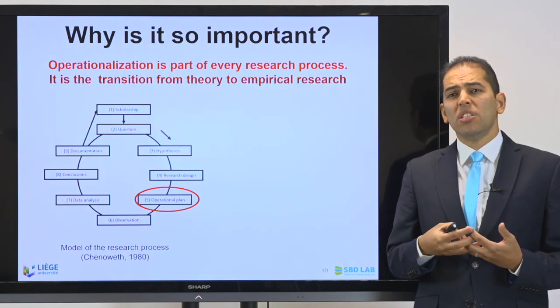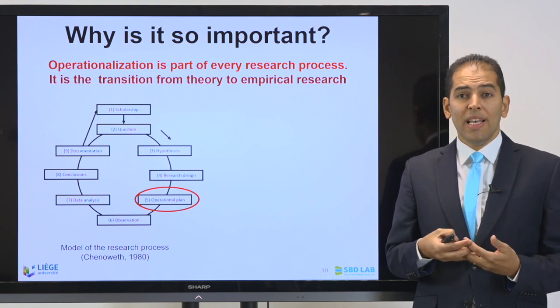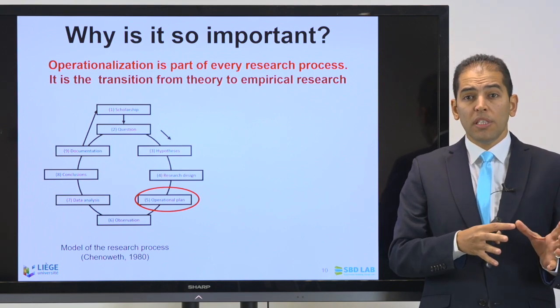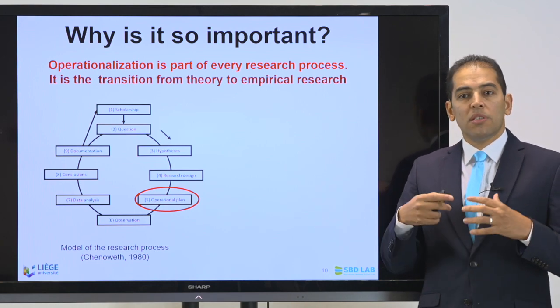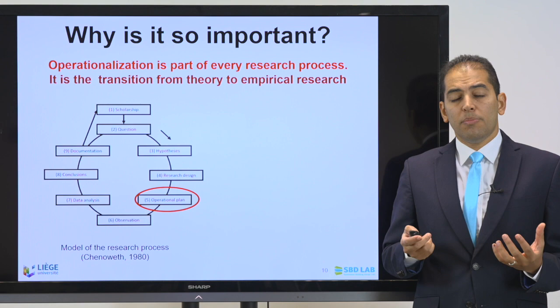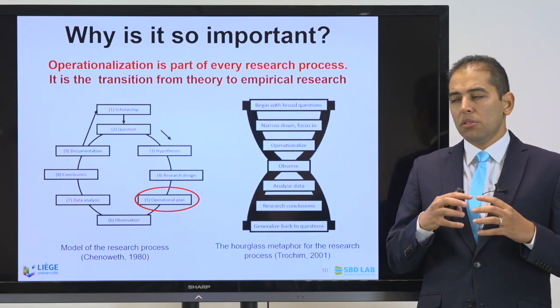So operationalization is part of every research process, and it is the transition from theory to empirical research, as you can see. So we start always with the general research questions, investigating the problem, the context, and then we start the operationalization.